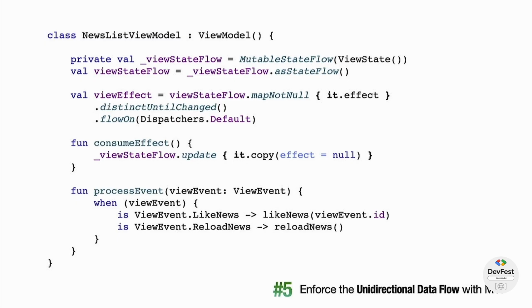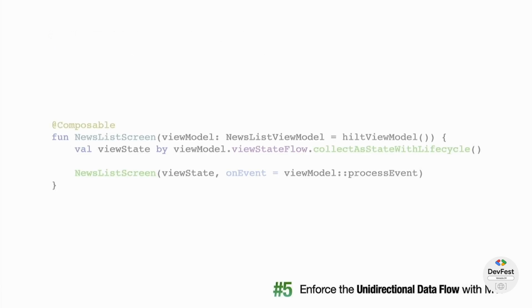It will enforce that I take into consideration every single case of that sealed interface. So now here we can just receive the event and do what we need to do in each case. So this is basically how we can implement MVI using Android, right?